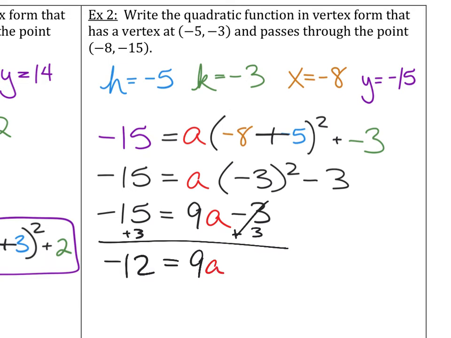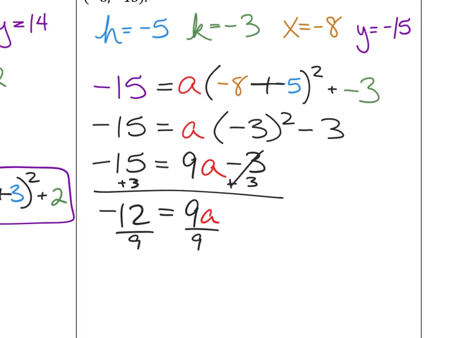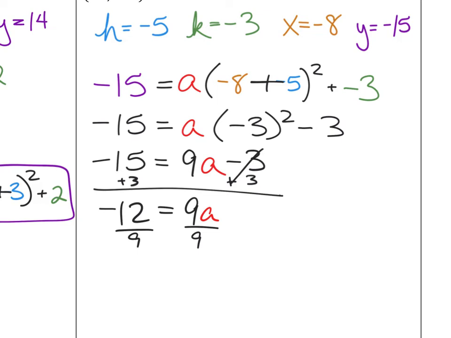And now, class, what do we do? Divide by 9, divide by 9. Now, that doesn't actually divide evenly, so we're going to get a fraction here. No big deal. We can have fractions. This is going to be the fraction negative 4 over 3 equal to A. And again, no big deal because all we're doing is taking that A value and plugging it into my equation.